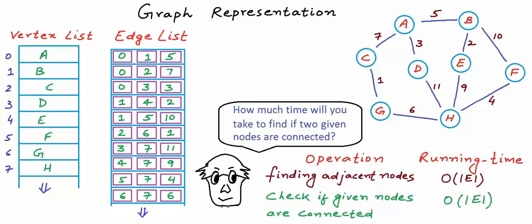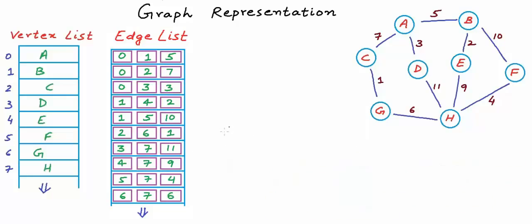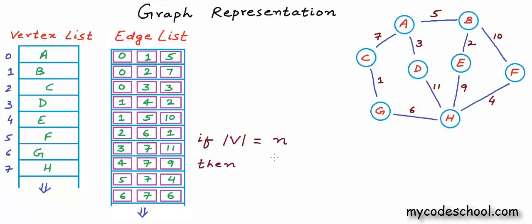Now let's try to see how good or bad this running time big O of number of edges is. If you remember this discussion from our previous lesson, in a simple graph, in a graph with no self loop or multi-edge, if number of vertices, that is the number of elements in set V, is equal to n, then maximum number of edges would be n into n minus 1 if the graph is directed.